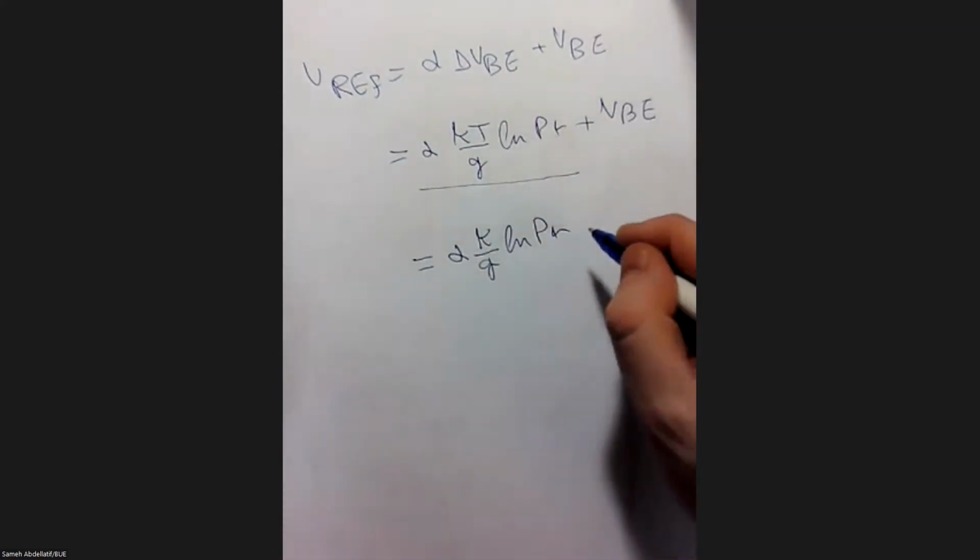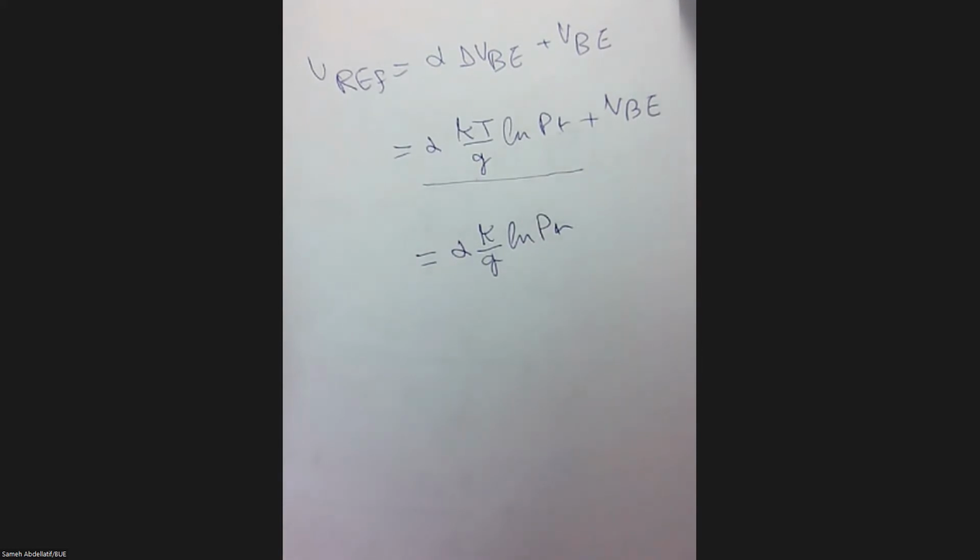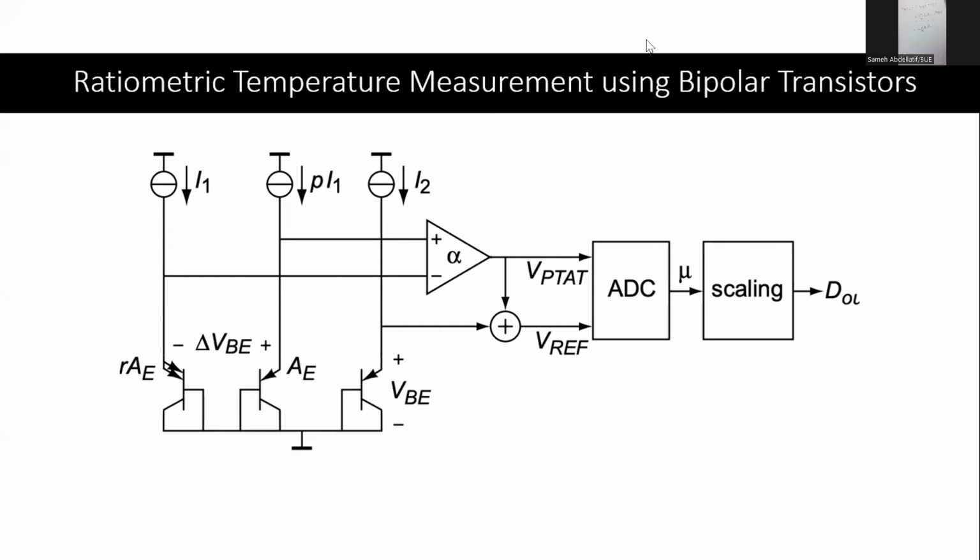What about this term? This is actually an uncontrolled term. This depends on the circuit. If you look here, this is simply a voltage coming from this branch, which is uncontrollable because this current source may be affected, or most likely will be affected, by temperature. This transistor, as well as the saturation current in the transistor, will be affected by temperature and so on.